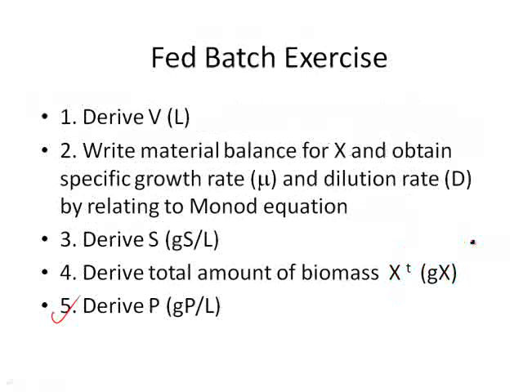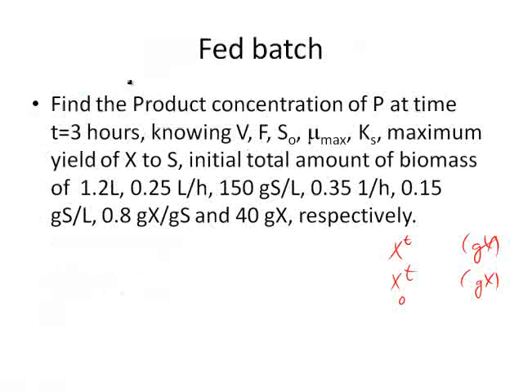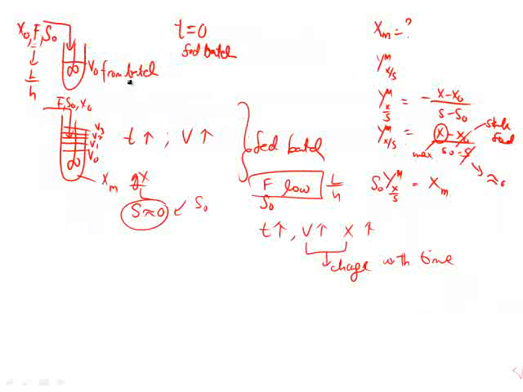Now, go back to our exercise. How to derive V? Meaning, the V is another equation. The V, the volume of the fed-batch reactor system, is influenced by something. You know, the V changes with time, right? So how do we do that?